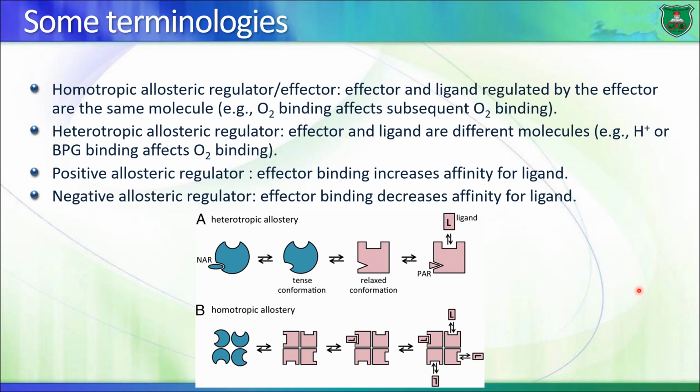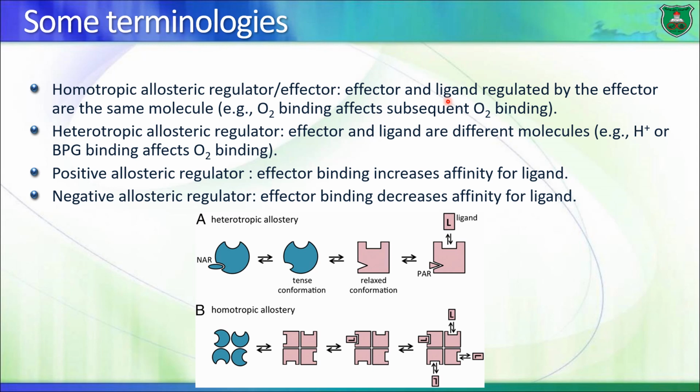Now, these allosteric effectors or regulators can either be homotropic or heterotropic. Homo means the same. Hetero means different. So if the regulator is the same as the ligand, a ligand is a small molecule that binds to a protein or to a receptor, for example.